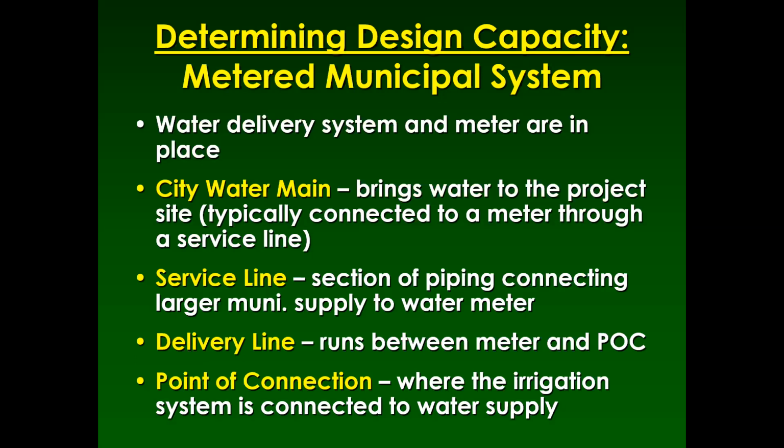So the water main brings the water to our site. Our service line is going to connect that to our meter. Then the delivery line is going to take that from our meter to our point of connection, and then our point of connection is going to go out to our irrigation start.